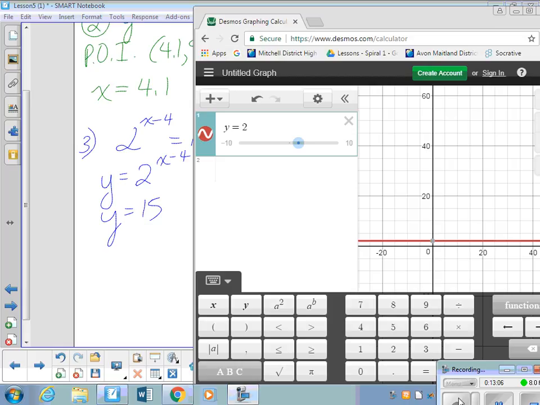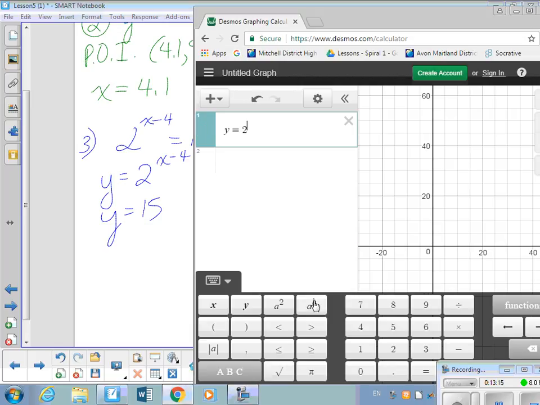So I need to enter y equals 2 to the exponent of x minus 4. Okay, so I have y equals 2, and when I do the power of, I need to put a bracket. It doesn't matter which piece of technology, whether it's Desmos or the graphing calculator, you have to put a bracket around that x minus 4. Close the bracket.